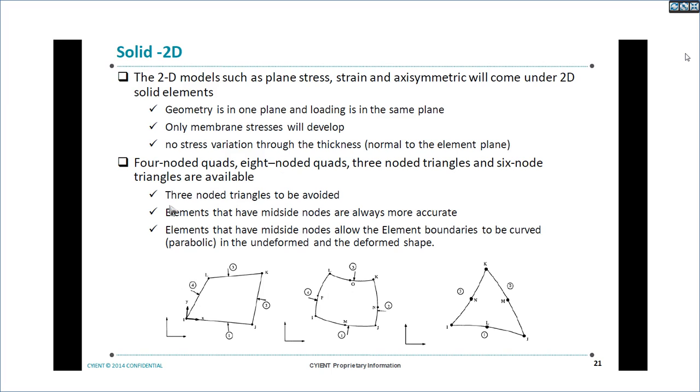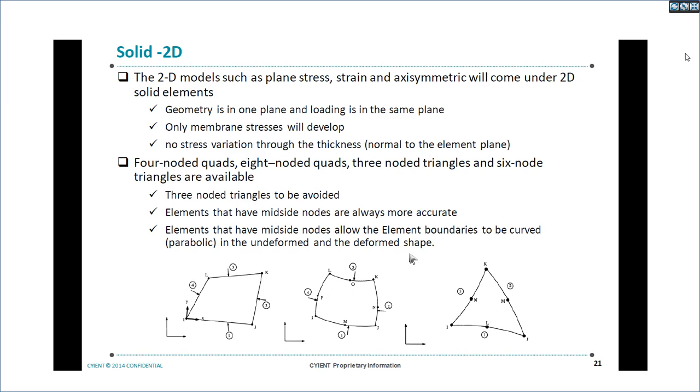Generally we need to avoid 3 noded triangles; I'll provide the details of why. Elements that have mid-side nodes are always more accurate because of their quadratic nature. We get quicker convergence and a more accurate solution with fewer elements. Elements with mid-side nodes allow element boundaries to be curved in the undeformed and deformed shape.